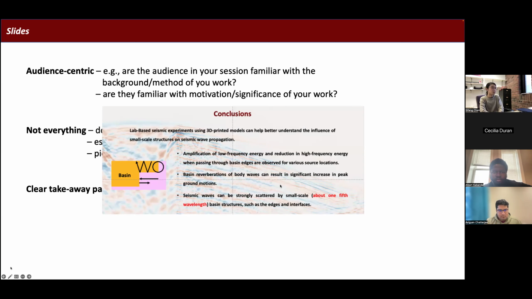In this conclusion page, I try to include a leading sentence about the main conclusion of my study. I also include some bullet points to highlight the most interesting observations from our work. And I use some figures to help people understand these bullet points and the main conclusion.